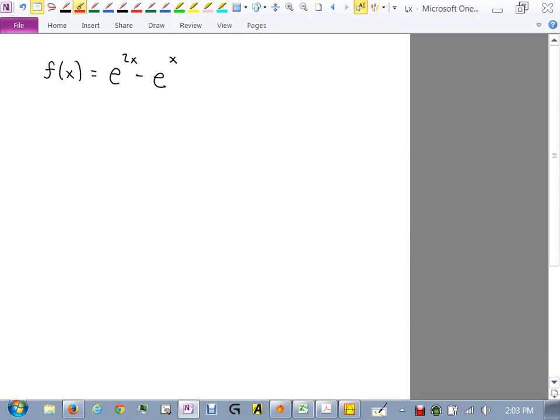First step, domain. All real numbers. All right. X-intercept, y-intercept. Does this have an x-intercept? You have to set the function equal to 0.